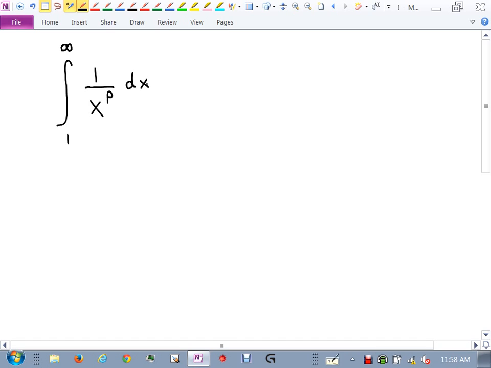Well, we know right now that there are 2 possible antiderivatives to this. Let me help you out. Let's rewrite that as x to the -p. Do we agree? That's the same thing? What are the 2 possible antiderivatives of this?